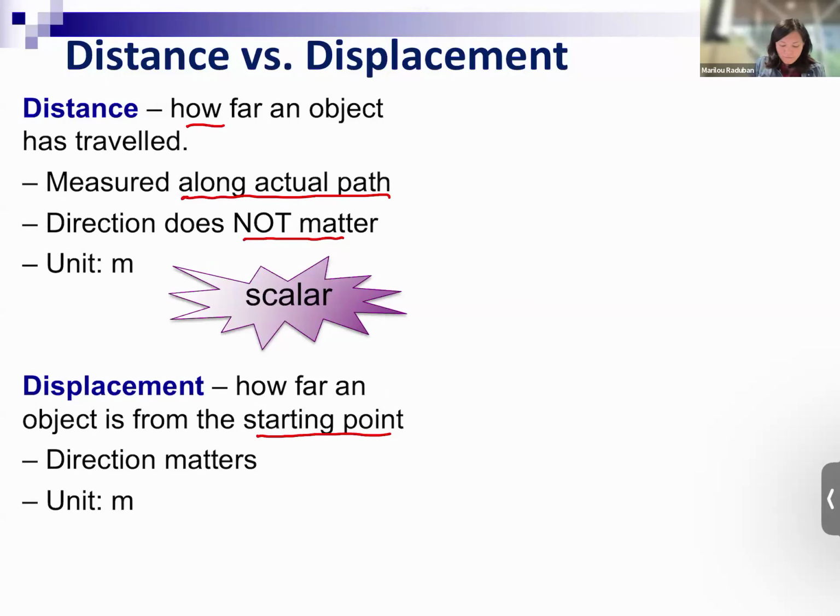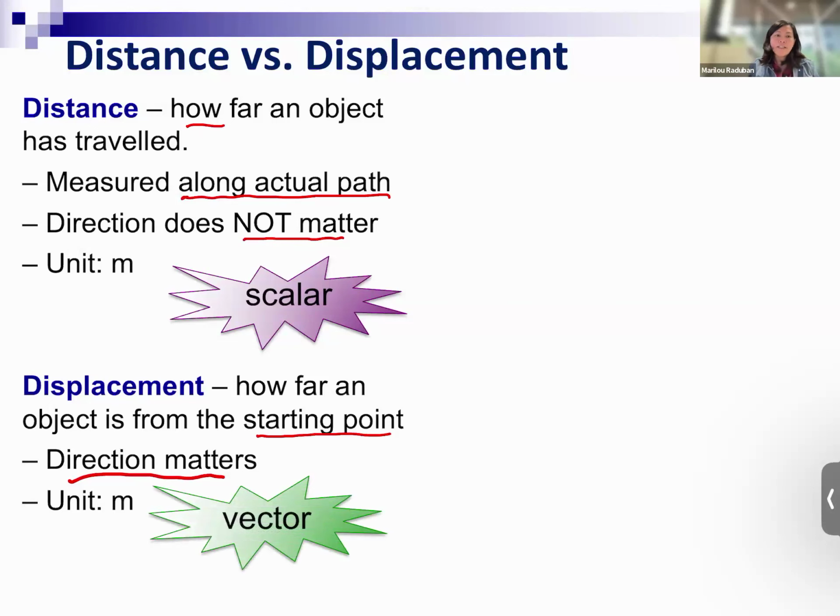On the other hand, for the displacement, we're only concerned about how far the object is from the starting point. The other main difference of displacement is that the direction for which the object moved is important, and therefore displacement is called a vector quantity, right? So scalar, we don't care about direction. Vector, we care about direction.